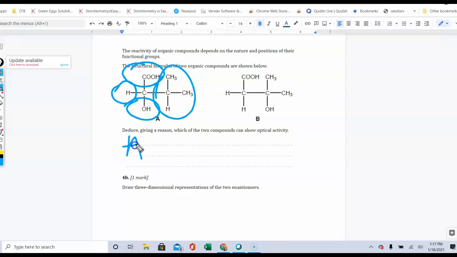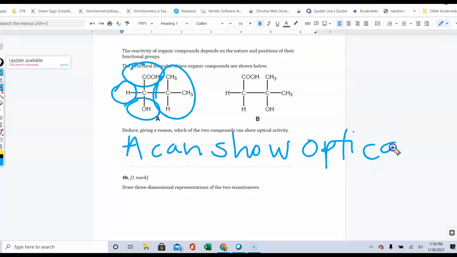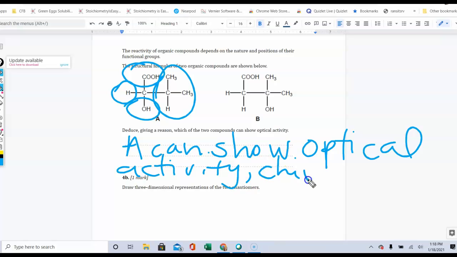So A can show optical activity, and I'm going to write it all out, can show optical activity because it has a chiral carbon.